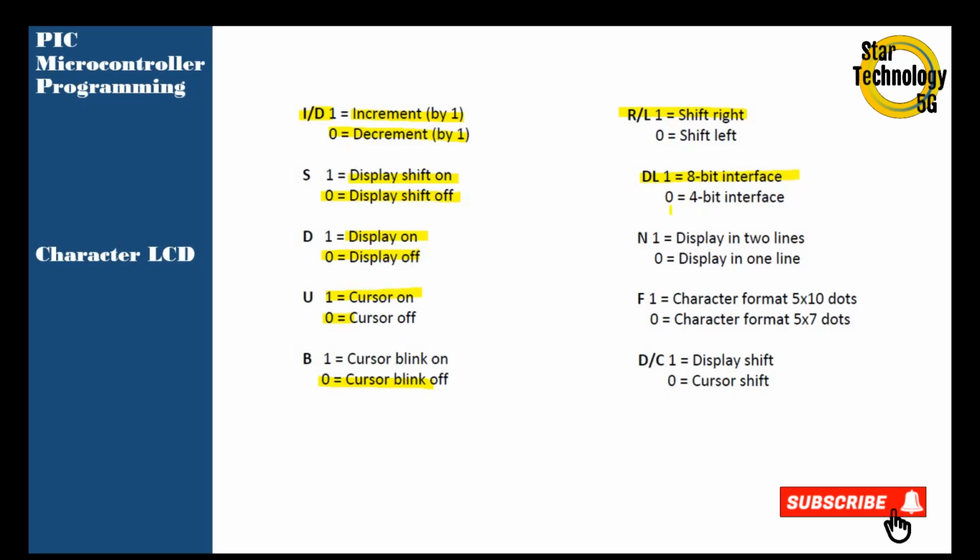DL equal to 1 is 8-bit interface and 0 is 4-bit interface. N equal to 1, display in 2 lines, N equal to 0, display in 1 line. F equal to 1, character format 5/10 or 0, format 5/7 dot. D/C, 1 is equal to display shift and 0 is equal to cursor shift.